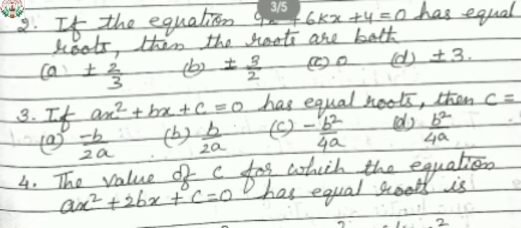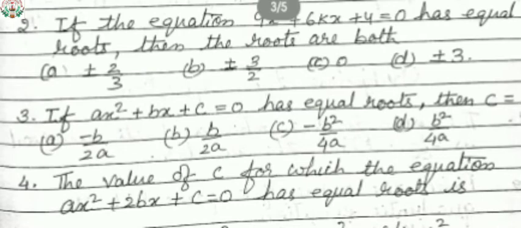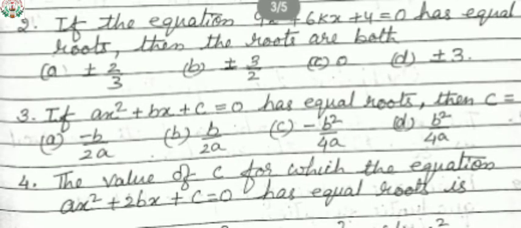Now put the values of b, a in that discriminant, b² - 4ac = 0, and see which option satisfies the value of c. That will be the answer.